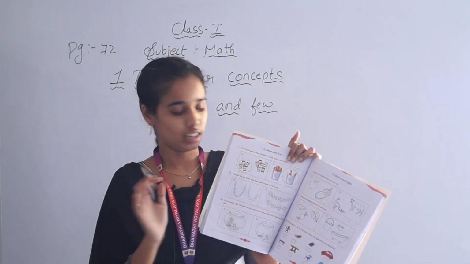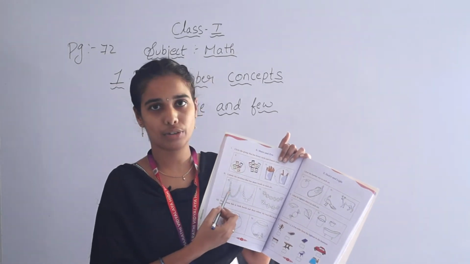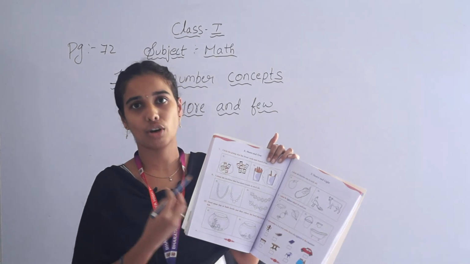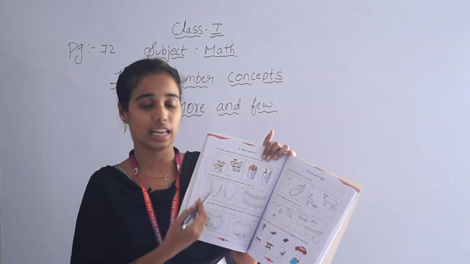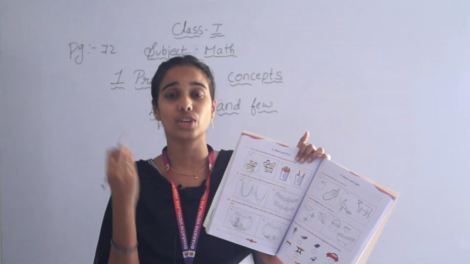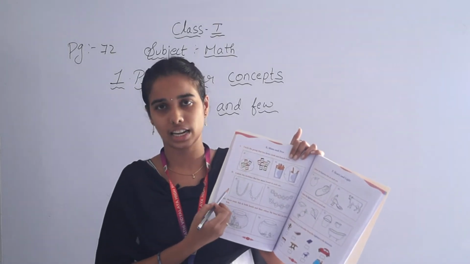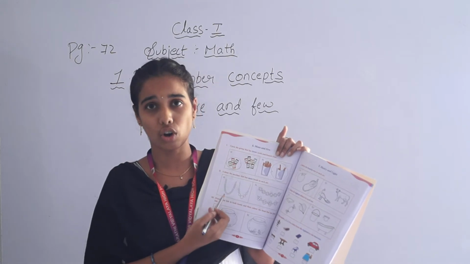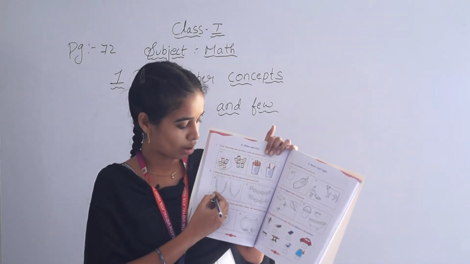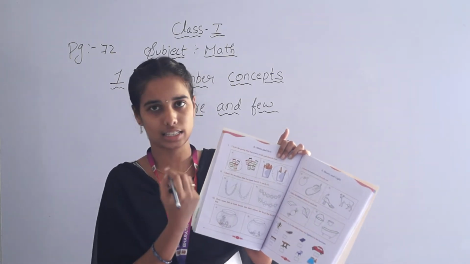See here, in the first bit we have 2 different types of necklaces. In these 2 necklaces which has more beads, we are seeing more here. So you have to color this necklace.